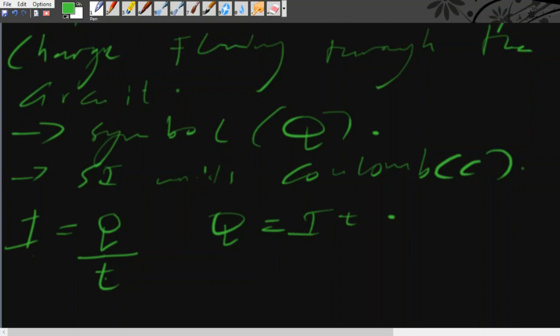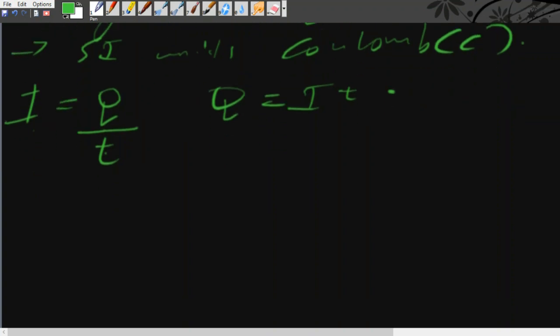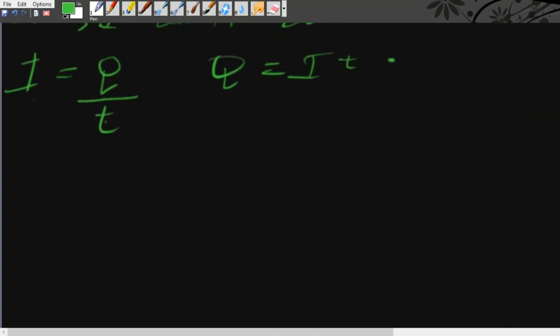Let us look at some examples. For the first example: if the current through the circuit is 5 amps, what charge passes in 10 seconds?